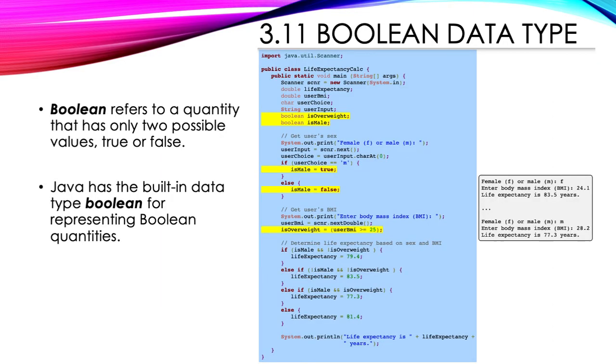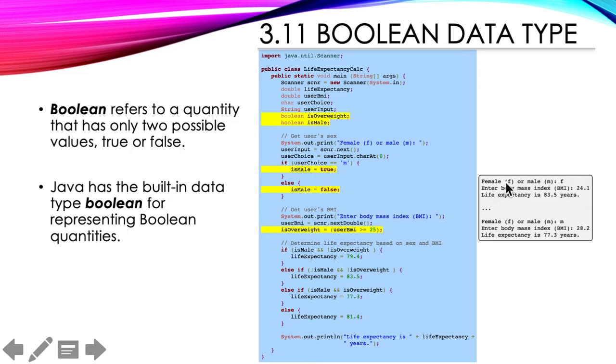Next, Boolean. Boolean refers to a quantity that has two possible values, true or false, 1 or 0. So in Java they do have this type. In this case, isMale is true.